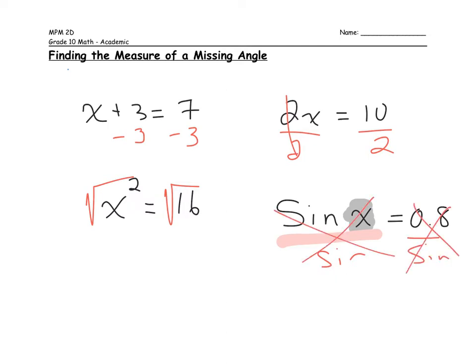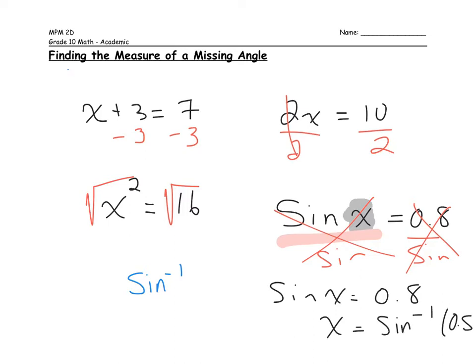In math, the button that tackles the inverse of sine is the sine to the -1 button. So for example, if I had sine of x equal to 0.8, then I would undo that and isolate x by taking the sine to the -1 of 0.8.